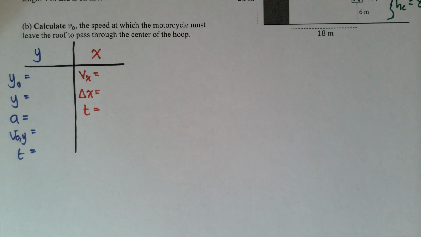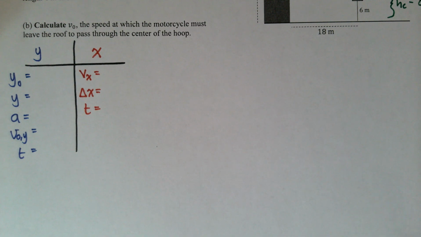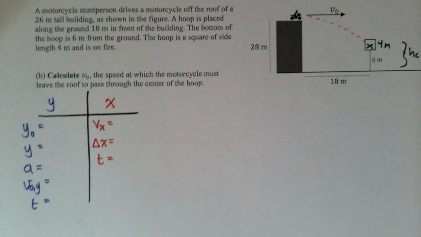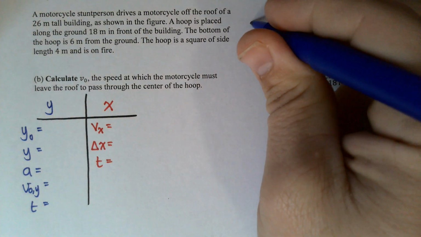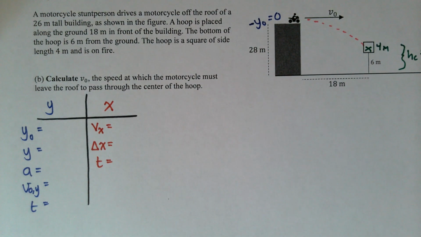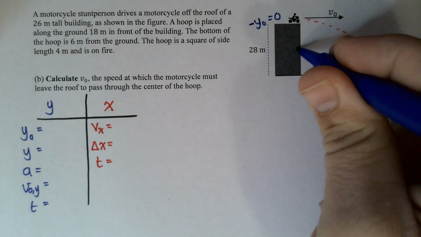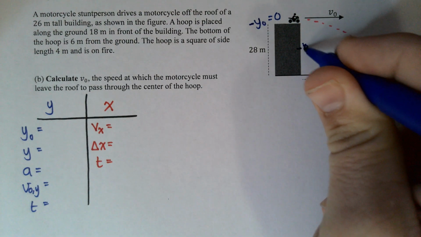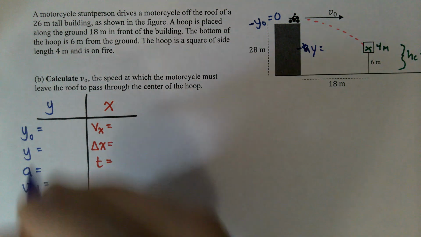So here's our table. And again, you can do a table and keep things organized this way if it's helpful for you, but it's not necessary once you get the hang of these things. I'm going to call the initial height of our motorcycle a position y equals 0 and make this hoop center height my final y.